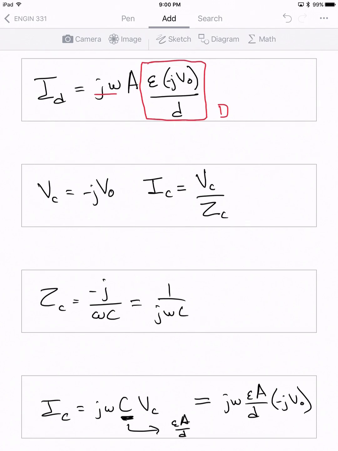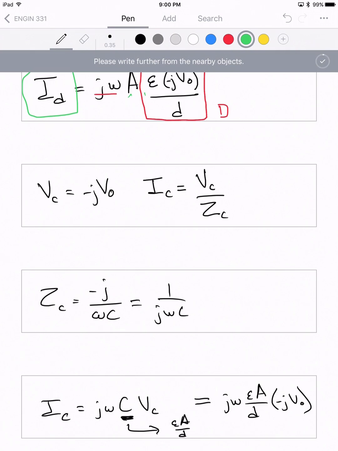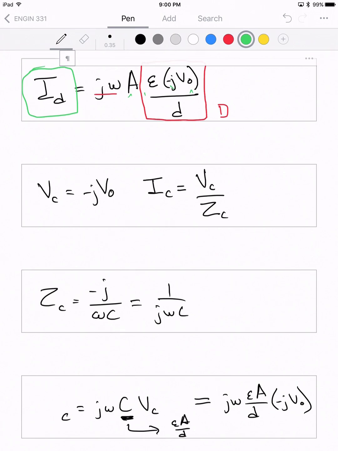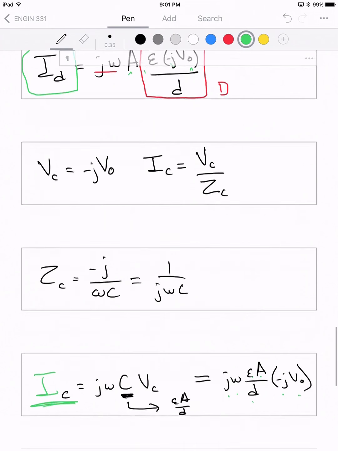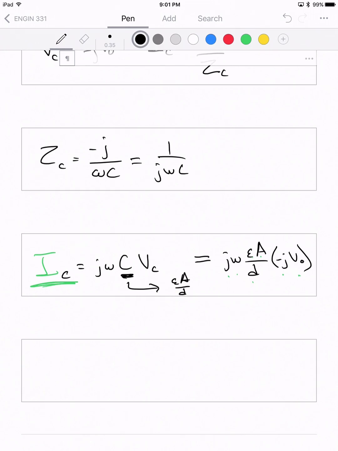Which, would you look at that, is the same as what we have for the displacement current. So let's take a minute to compare those. Displacement current right here, j omega epsilon A over d times minus j V naught. Conduction current over here, j omega times epsilon A over d times minus j V naught. Same answer.